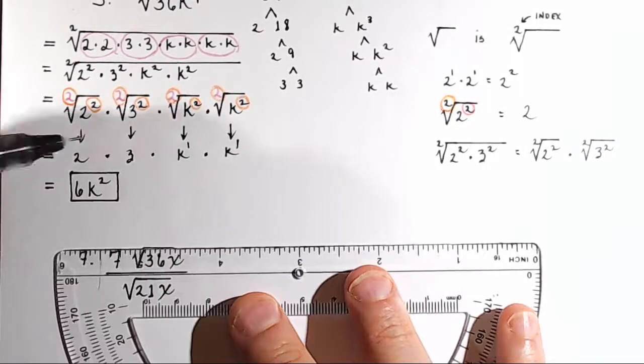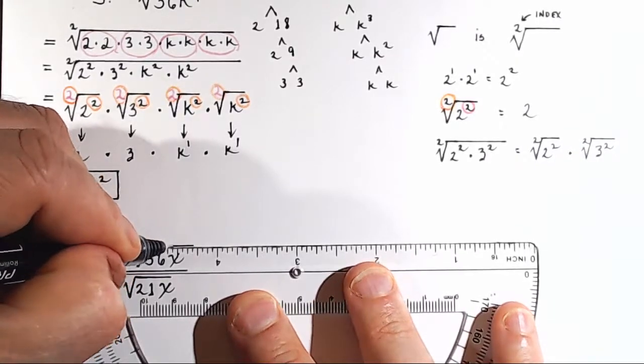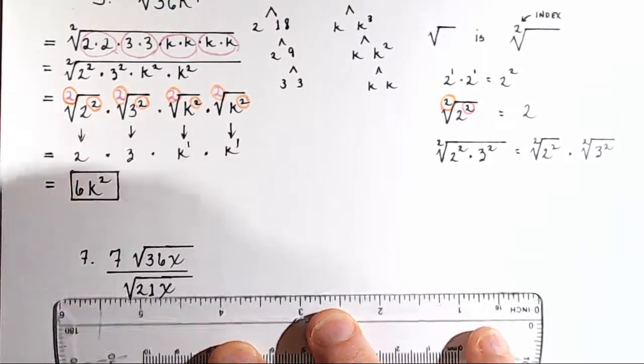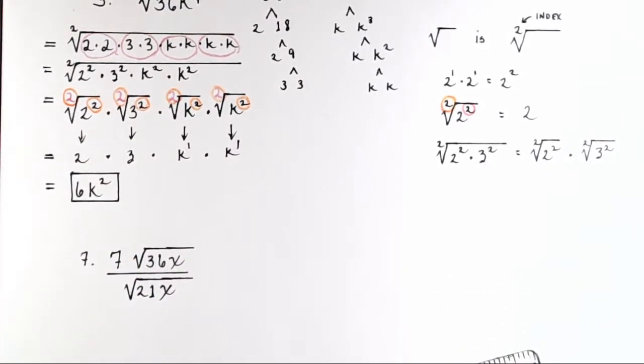And I want to make sure it's clear that the x is underneath the square root symbol here. Like that. Okay? And we got to get rid of this. We got to simplify it. We got to work with it.